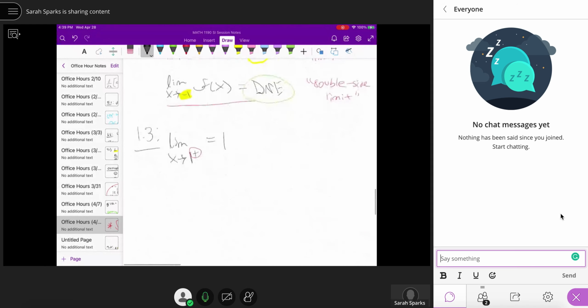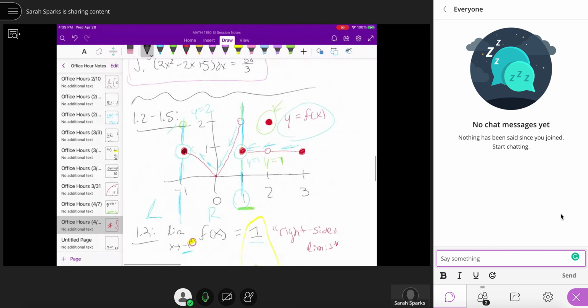All right, and let's do 1.4. So that's x approaches 2 from the left, so it's going to be a left-sided limit. And now let's redraw these asymptotes, and we're looking at the left-sided limit.